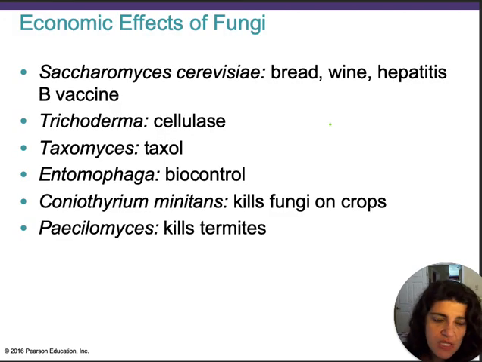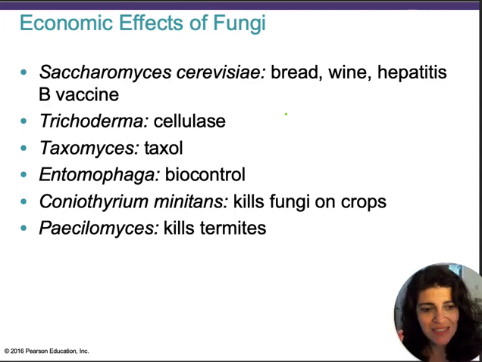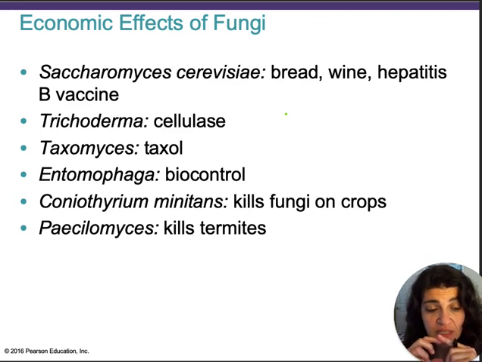Remember that fungus can also be really useful economically, like Saccharomyces cerevisiae can be used to make bread, wine, and also they're used as the host cell for the recombinant hepatitis B molecule. So the molecule from the hepatitis B virus is recombined or inserted into a yeast from the Saccharomyces cerevisiae species, and that's the vaccine.